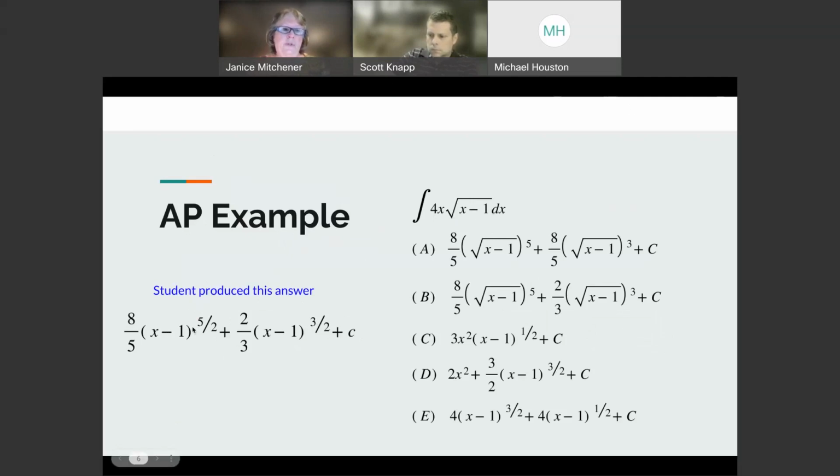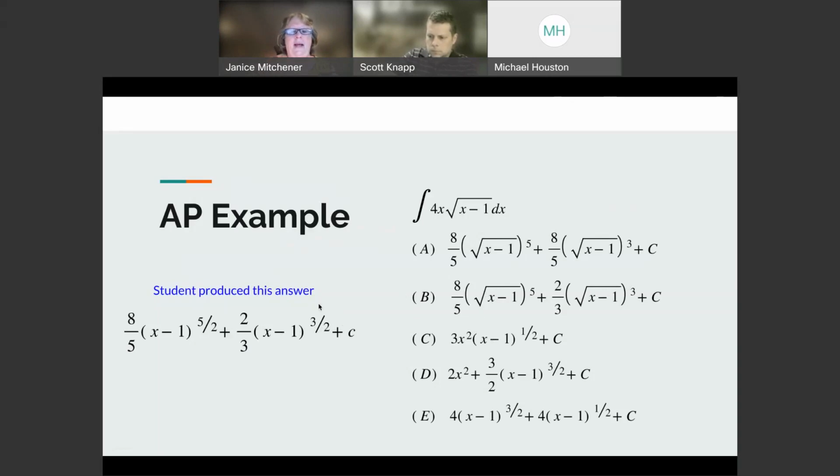And my students would look at this and say, there's not an answer. A hand would go up during a test. There's not an answer there. And I'm like, are you sure? And students, hopefully, by the time they do get to calculus, they understand we need to have practice of converting this x minus 1 to the 3/2 power as a square root of x minus 1 cubed.